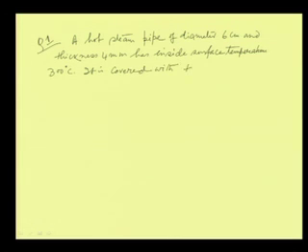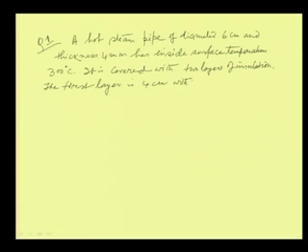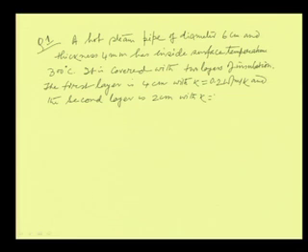with 2 layers of insulation. The first layer is 4 centimeter with thermal conductivity K is equal to 0.2 watt per meter per Kelvin, and the second layer is 2 centimeter with K is equal to 0.04.